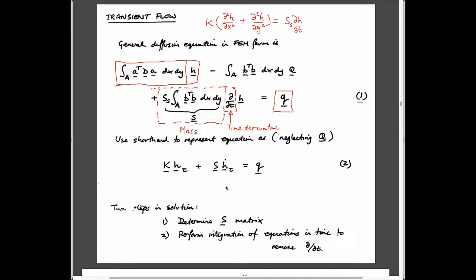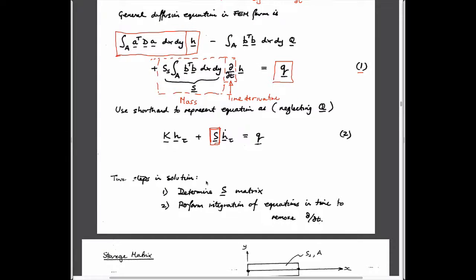So we'll do the first thing first, which is to figure out exactly what this matrix is, this mass matrix. So I guess this component down here is saying exactly this. We have to do two things.